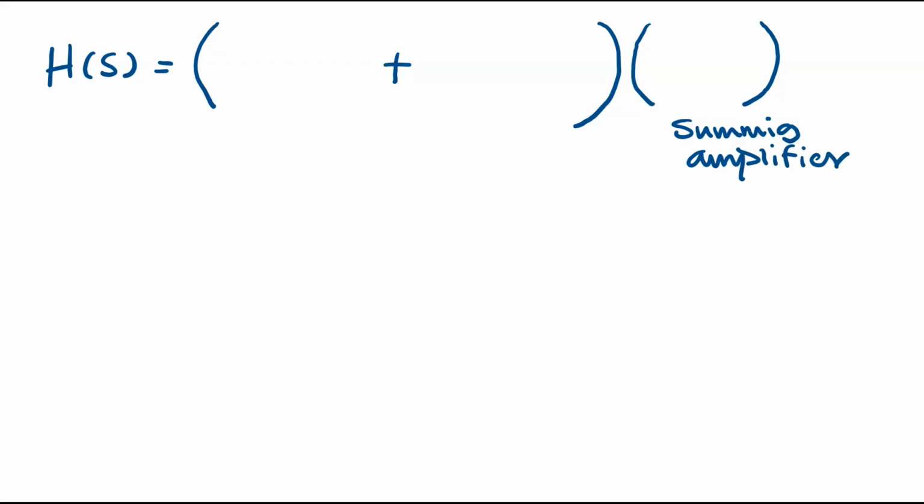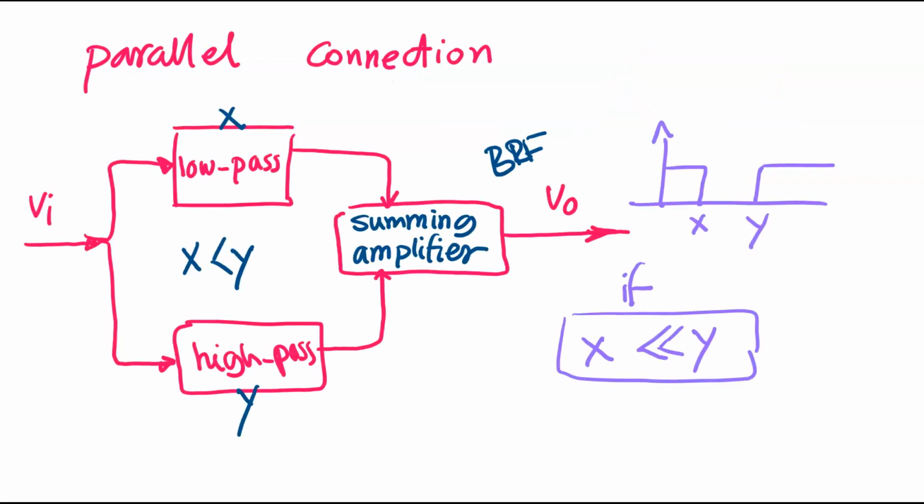So the parallel means that I have to add the transfer functions, and the summing point, which basically means that the result of the parallel is cascaded with the summing point, means that I have to multiply the summing amplifier gain by the overall transfer function.